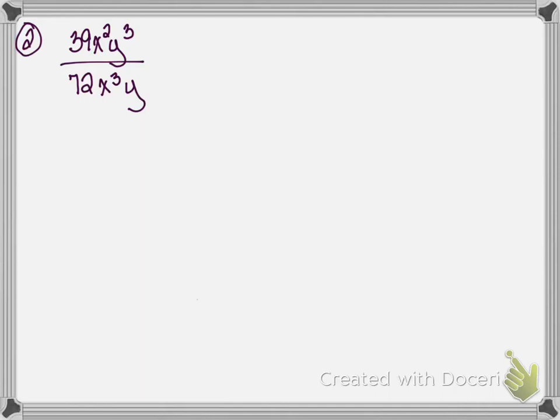Our next one is a monomial divided by a monomial. We have no addition and no subtraction in this. So we are going to break 39 down as far as it can go.